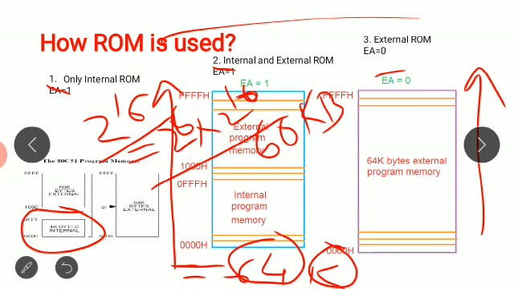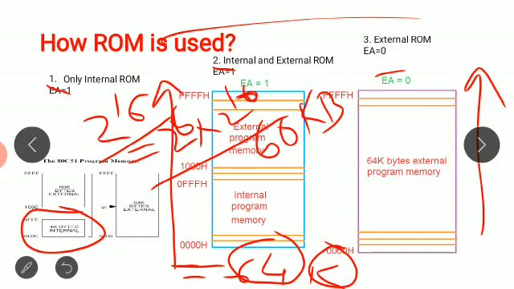So whenever it is 1, that means you want to use internal ROM. And when the memory location is from 0000H to 0FFFH, that would mean that internal ROM needs to be accessed, while if the memory location is more than 0FFFH, like say 3000H, that will automatically mean that it is an external ROM.